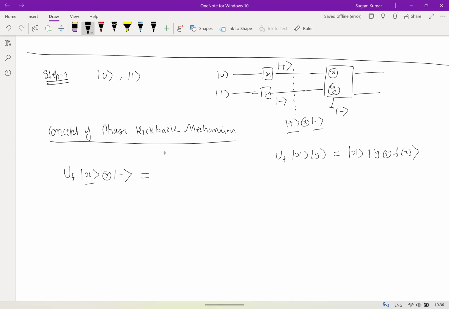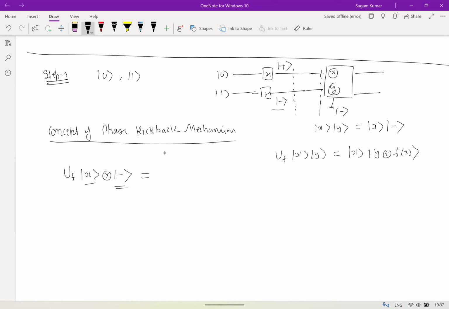I'm keeping X general, and I'm making Y specific: Y is the minus state.